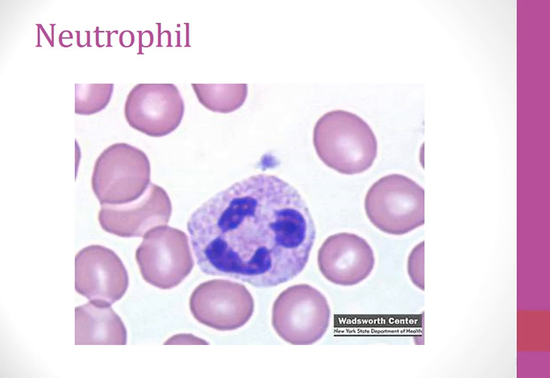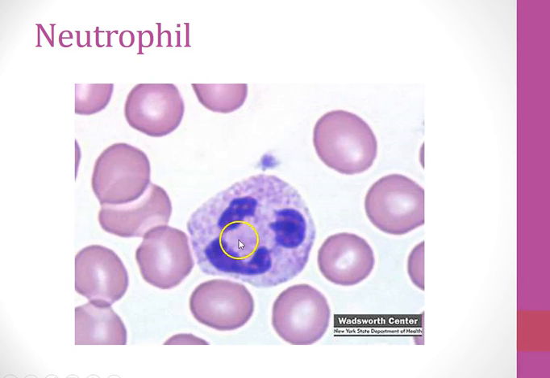This is a neutrophil. The neutrophils are 50 to 70% of all the white cells, and these make up the majority of the white cells. They fight off bacterial infections, and they're part of the granulocytes. Neutrophils, eos, and basophils are granulocytes because they have granules. So the neutrophil looks like this.